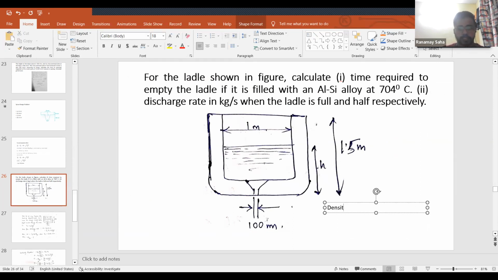So take density as 2700 kg per meter cube, and take viscosity as 0.00273 kg per meter second.